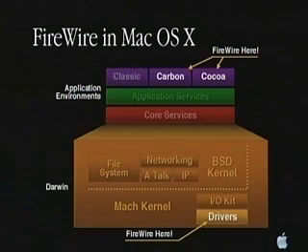The figure shows that above them is the BSD layer, where you find things like the file system. Some kinds of FireWire drivers will go up to that layer. For example, a mass storage driver goes to the file system because it provides a block storage device on which the file system actually implements directories and structures to store your files.